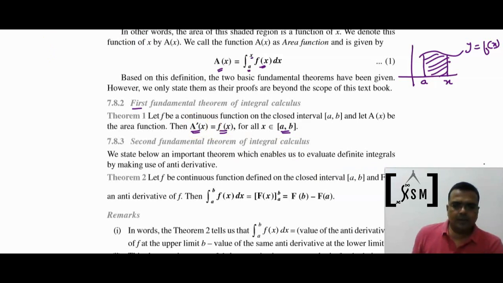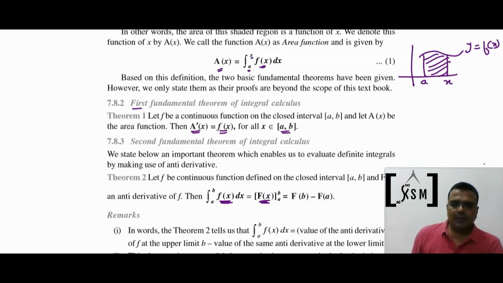that if there be a function f(x) whose integration is capital F(x), and if it is integrated from lower limit a to upper limit b, so it means after the integration of small f(x) we get the bigger F(x), that is the integral value of small f(x), right?